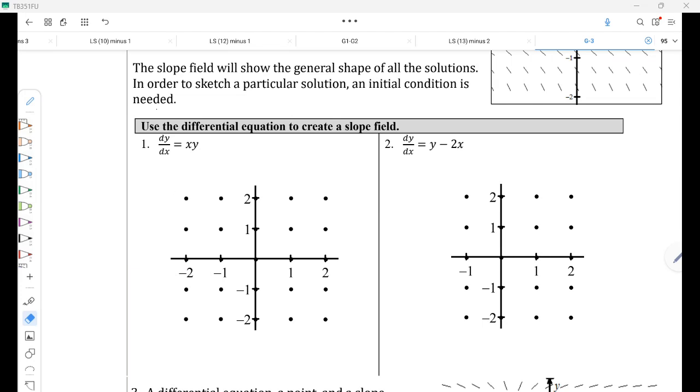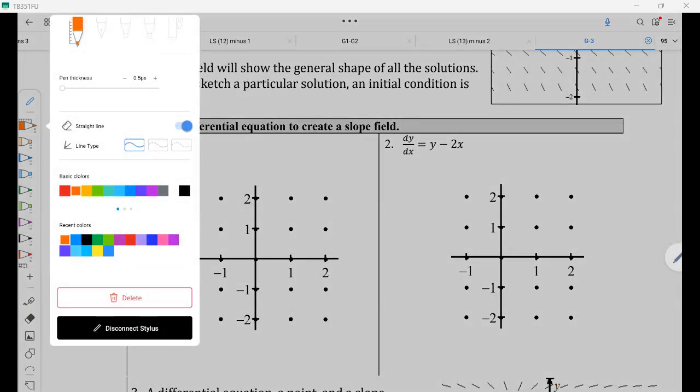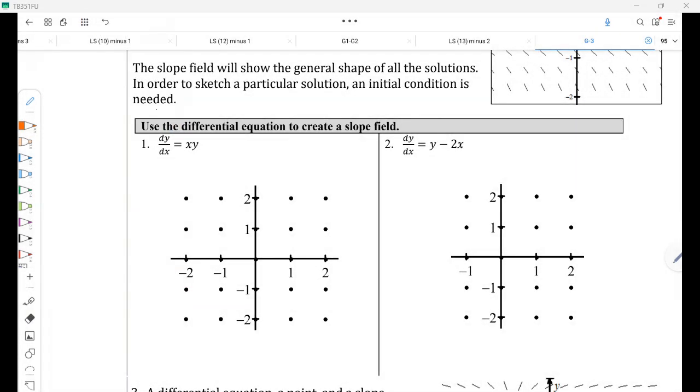So as I go down these points and I do x times y, basically what I get is -4, -2, 0, 2, 4 from multiplying the x by the y. Make sense?